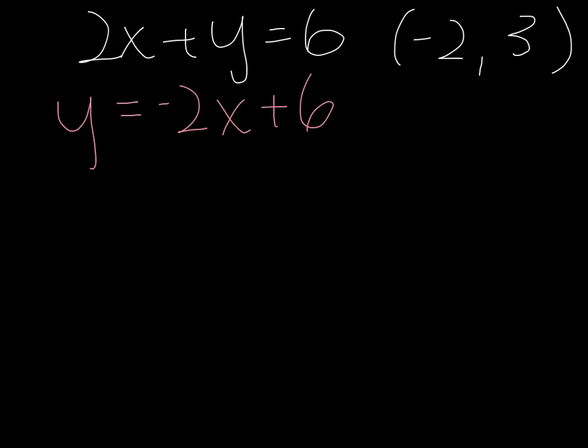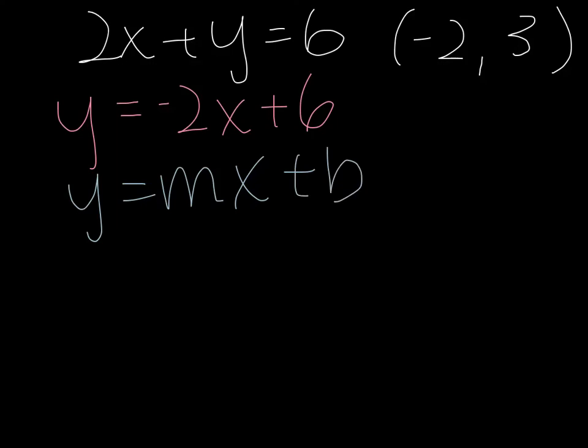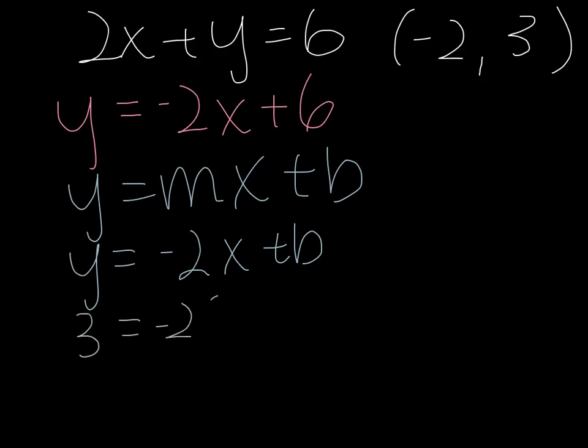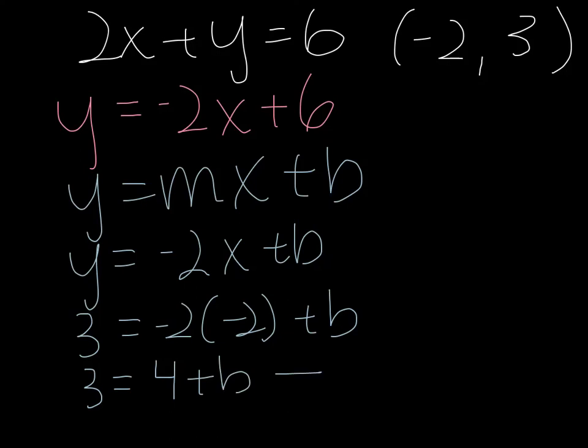So, if we were to have a new equation, y equals mx plus b, we know that the slope is negative 2, but we don't know the y-intercept. So we plug the point in. 3 equals negative 2 times negative 2 plus b. 3 equals 4 plus b, which means that b equals negative 1.